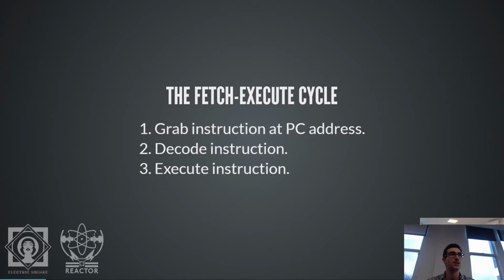So when a chip implements the fetch execute cycle, all it does is grab an instruction at a given program counter address, decode that instruction, and then run it. The result of that instruction will then determine what the program counter will be pointing to now. So very simple idea, and you just repeat that. And that's what a CPU does. Simple, right?